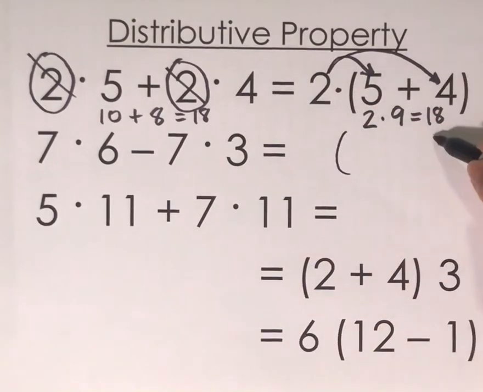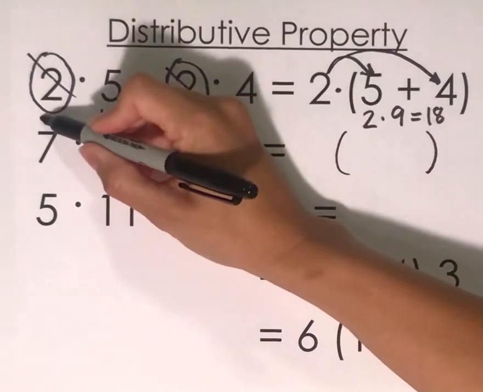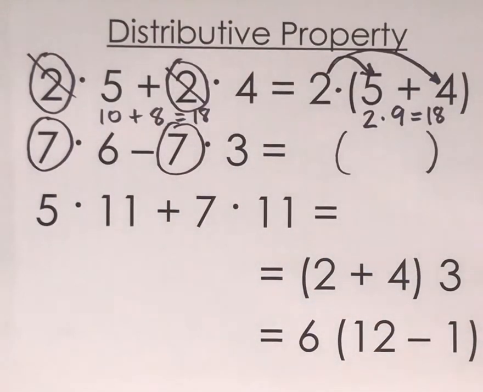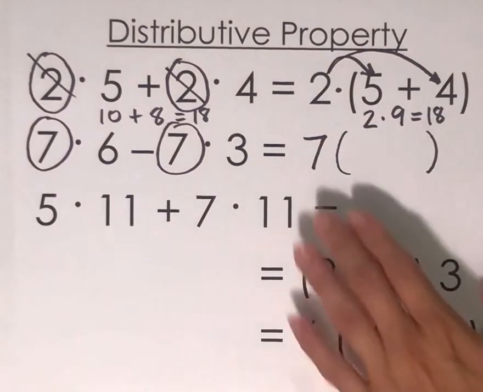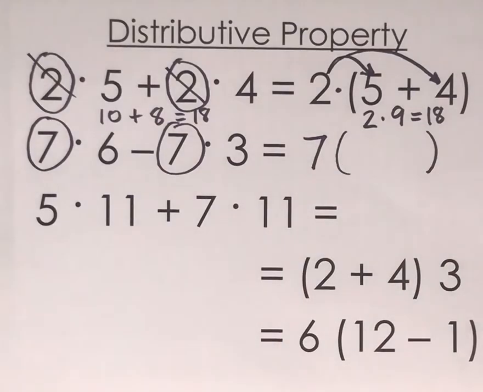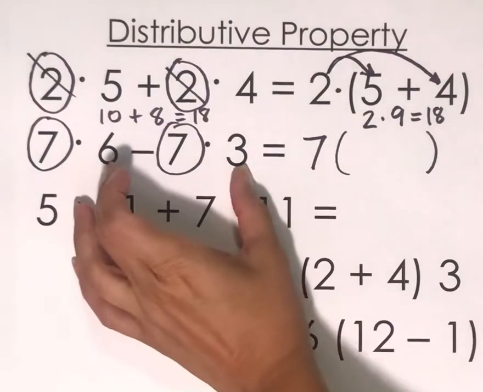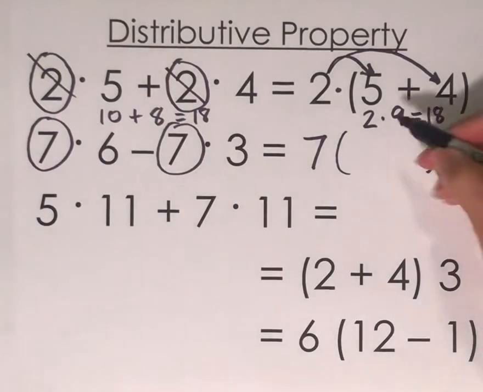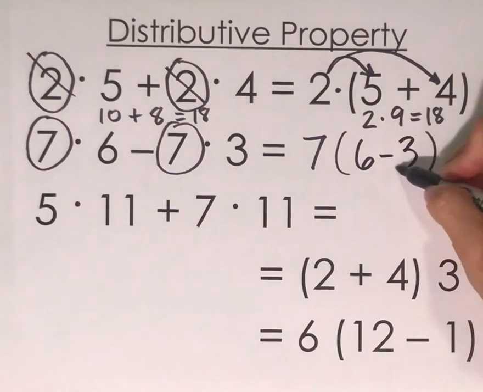So I always kind of like to write my parentheses, and then I'm going to look for a common factor. So here I have a common factor, which is 7. So that 7 goes on the outside of my parentheses. And remember, I don't need the dot because that represents multiplication. And then what's left goes inside. So as you can see, I have 6 minus 3 is left inside my parentheses.